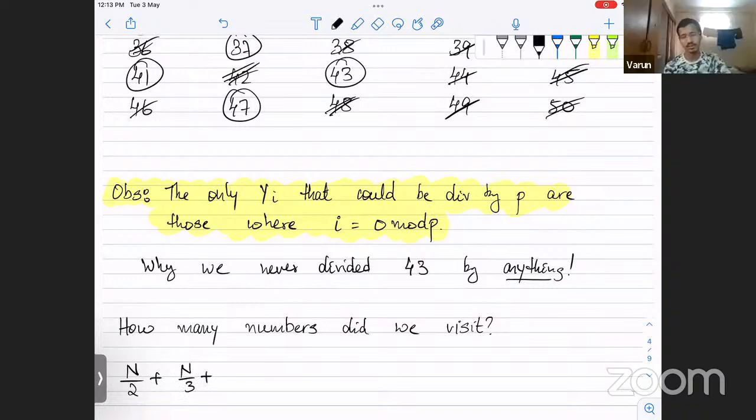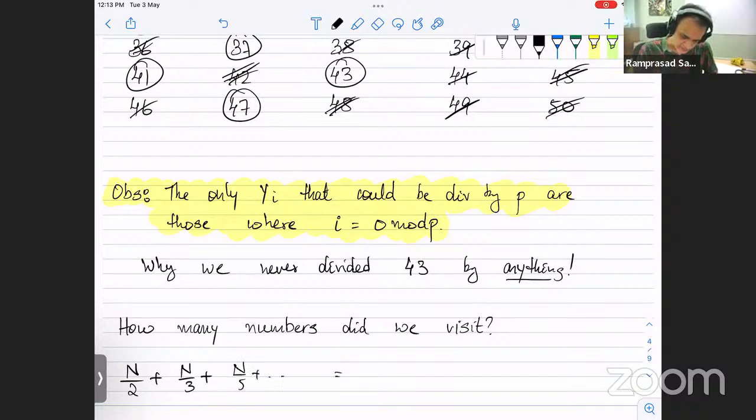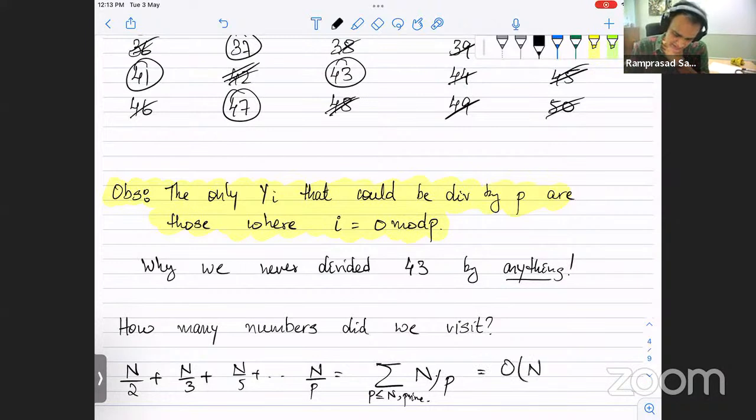The next primes, right? n/5 plus and so on, until n divided by the largest prime. So we're basically saying I want to know how large is this sum of n/p, where p is less than or equal to n and prime. Now I'll just state it, I won't prove it here. Turns out this is roughly n log n.